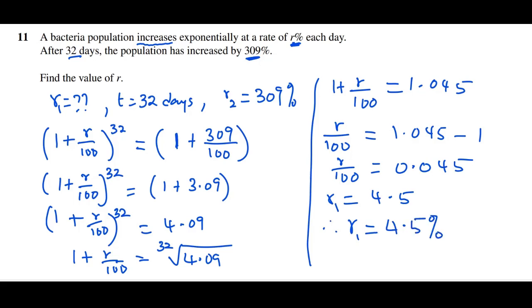So if the population, whatever the size of the population is, increases by 4.5% exponentially over a period of 32 days, we are going to have a total increment of 309% of that very population.